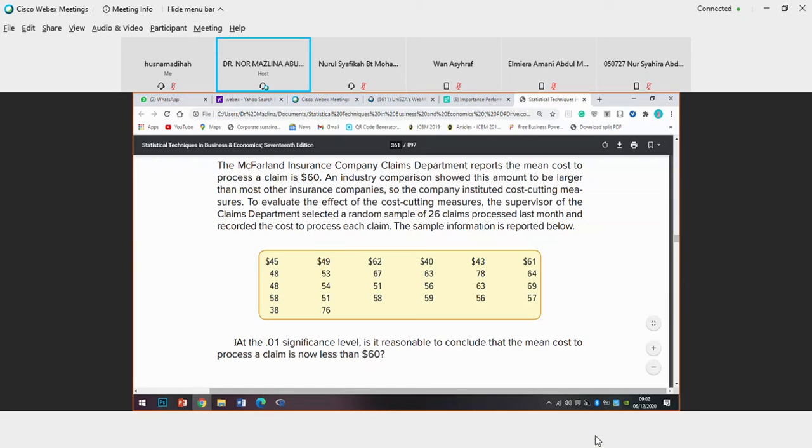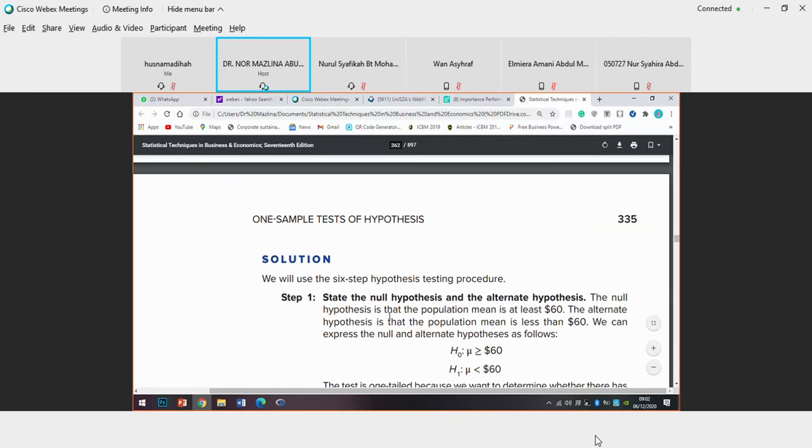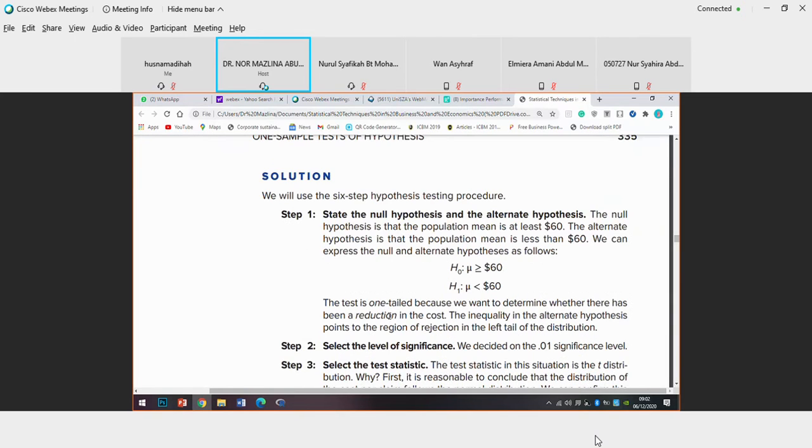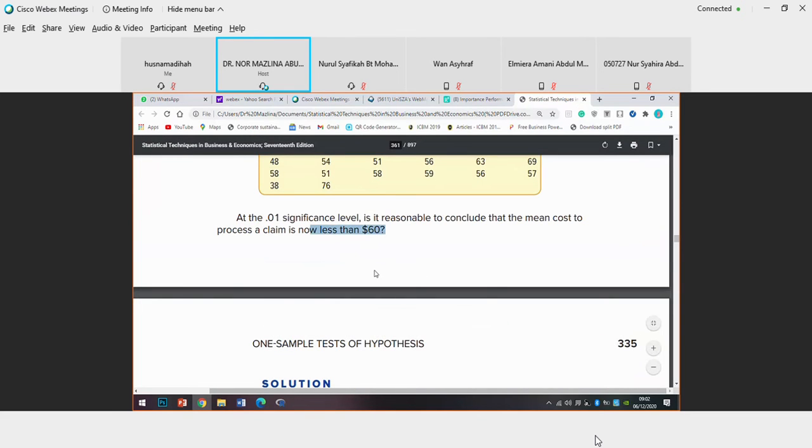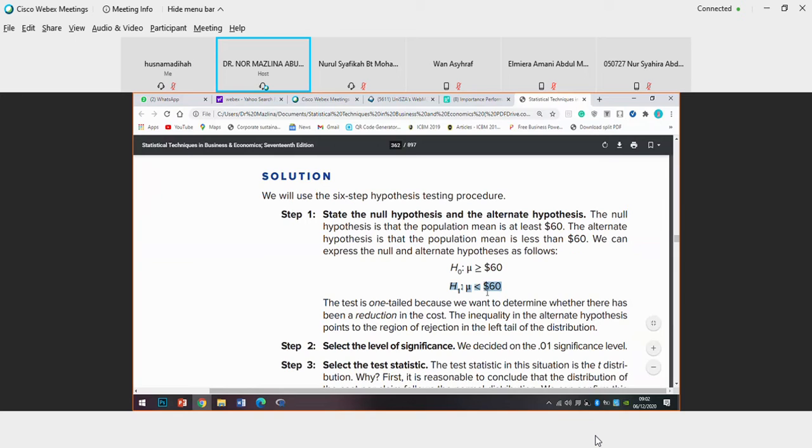Okay, and it says here at 0.01 significance level, is it reasonable to conclude mean cost is now less than $60? Jadi kalau kita nak tahu sama ada betul ke tidak, kita buat test. Nampak ni more than $60. Now less than 60. Jadi H1 awak less than 60, more than 60 is your H0.